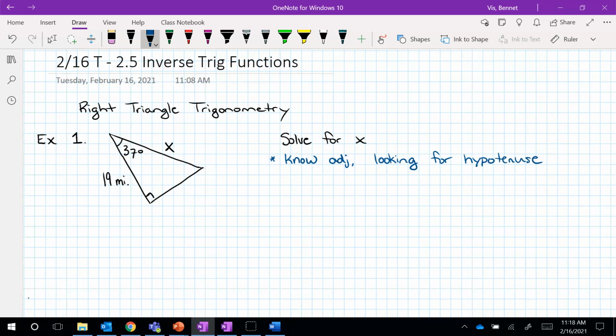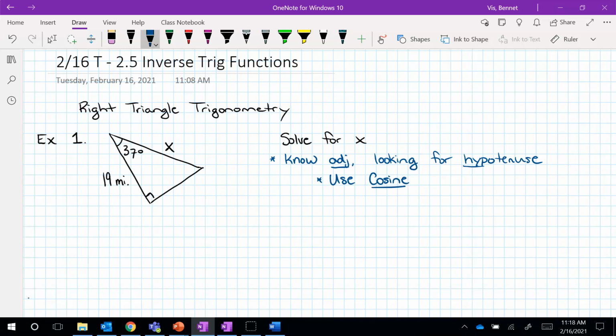I don't care about the opposite side at this point, so the trig functions involving the opposite side, I don't really want to work with. I want to deal with the adjacent and the hypotenuse. So for that, I'm going to be using my cosine function, because cosine is adjacent over hypotenuse.